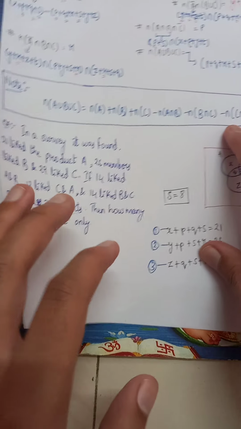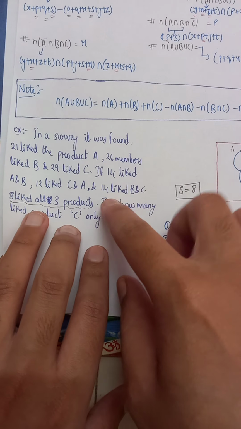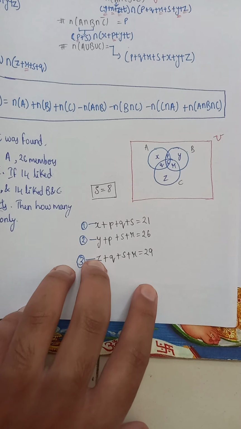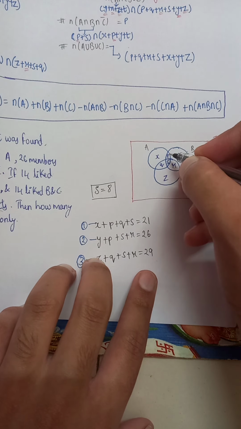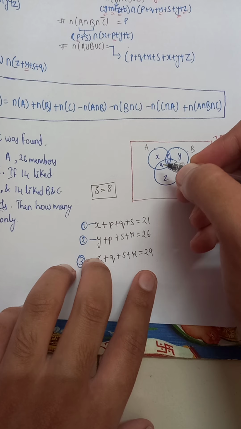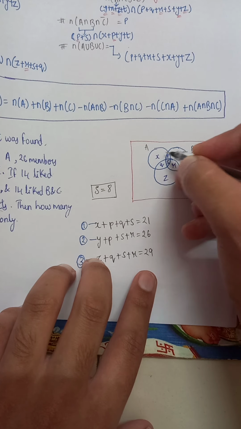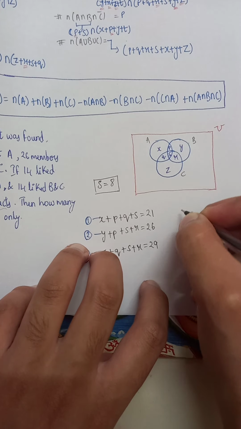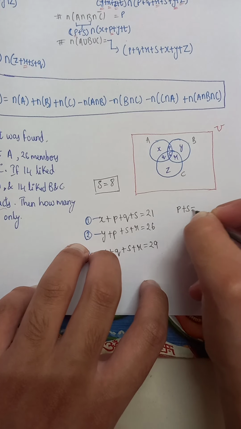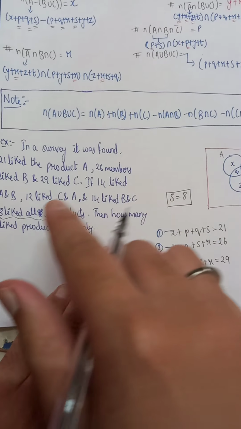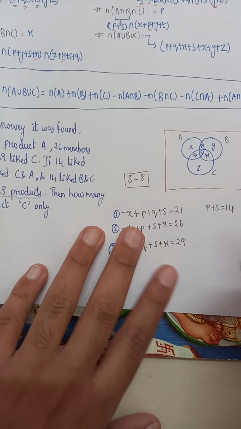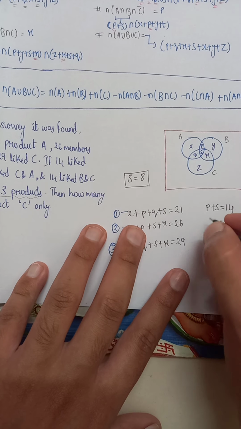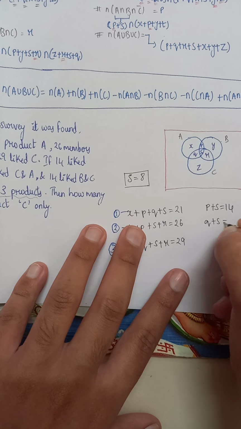Now let's start writing equations for the common parts. If 14 liked A and B, what are the common elements under A and B? That is P plus S, so P plus S is equal to 14. 12 liked C and A. The common parts under C and A: Q plus S is equal to 12.